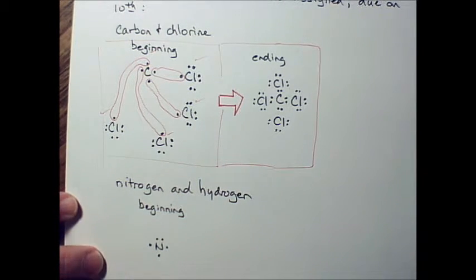Okay? Hydrogen only has 1, and it only needs 1 more. Each hydrogen needs 2 electrons and only 2 electrons. Nitrogen, on the other hand, needs to have 8. So if we share these 2, that takes care of hydrogen, but nitrogen needs 2 more, so we're going to need 2 more hydrogens.